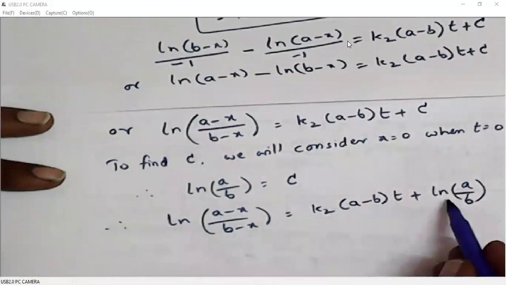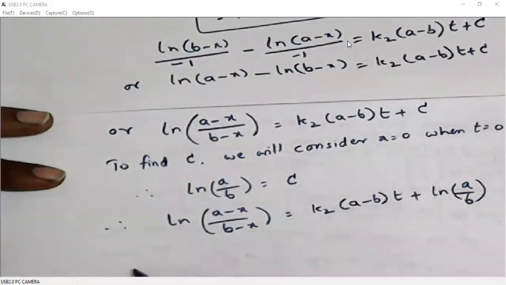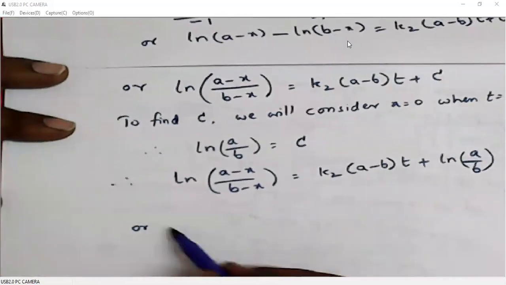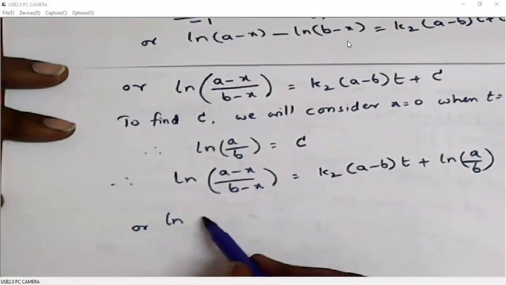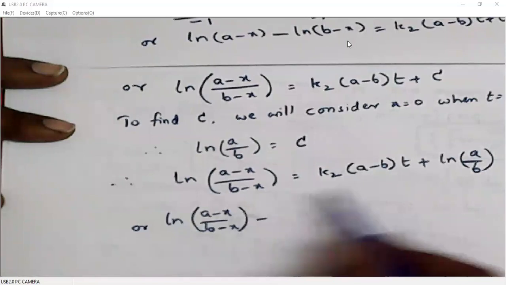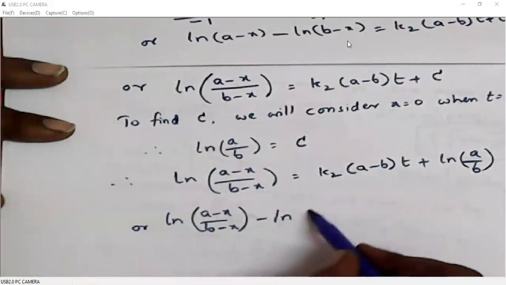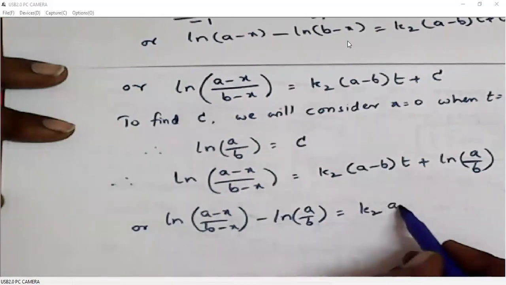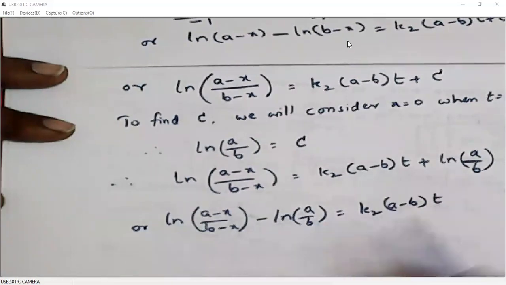Now we can bring this ln a by b to this side. In ln (a minus x) by (b minus x), it is a plus sign, so when we move it to this side, it becomes minus ln a by b is equal to k2 into (a minus b) into t.